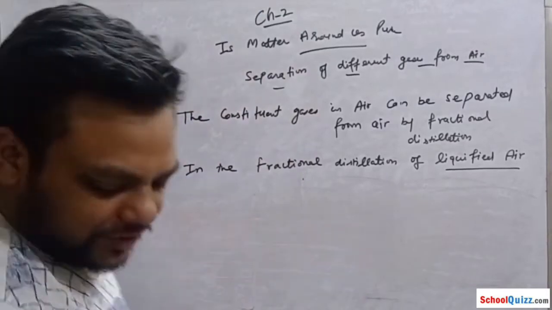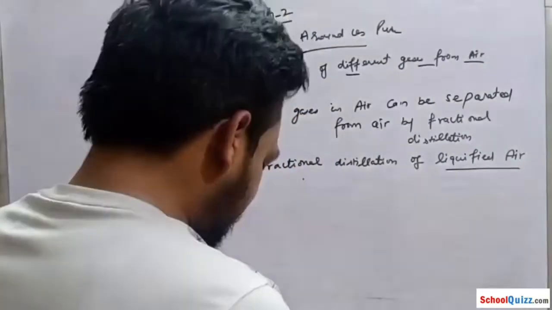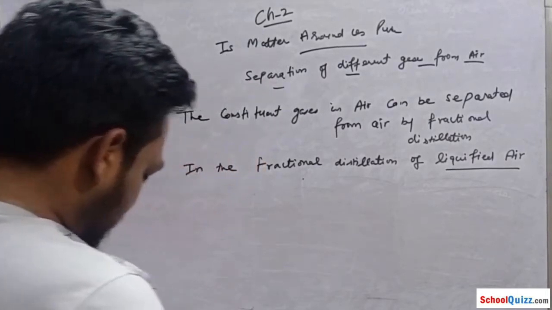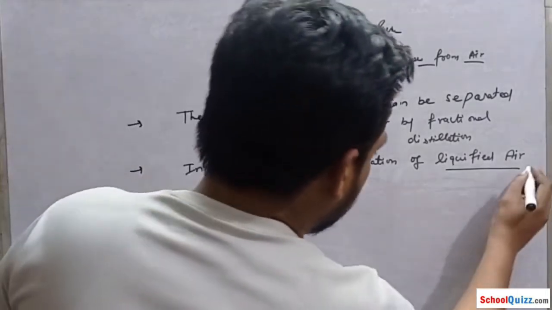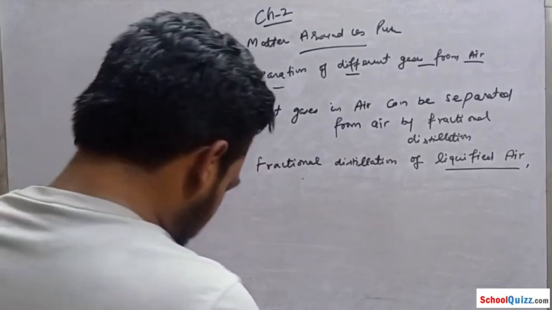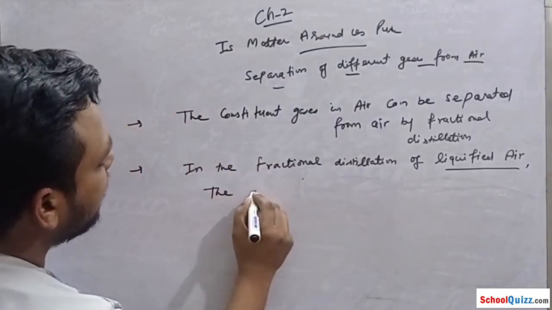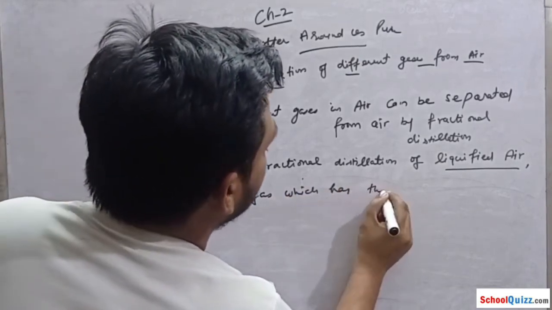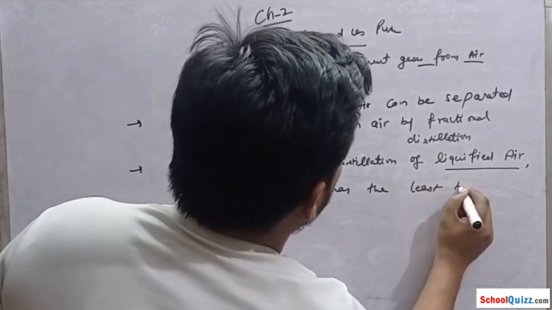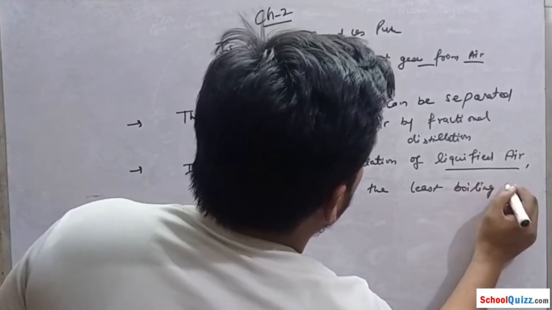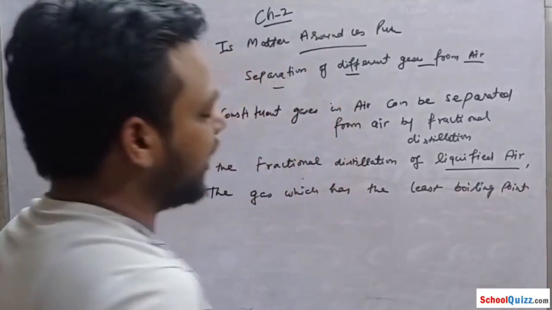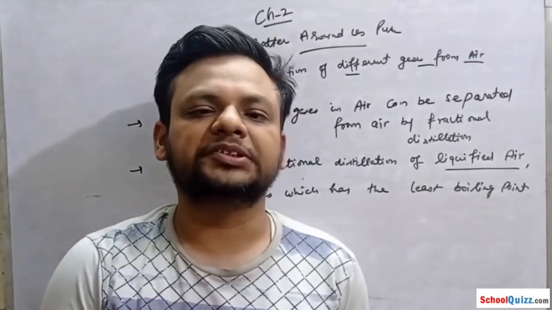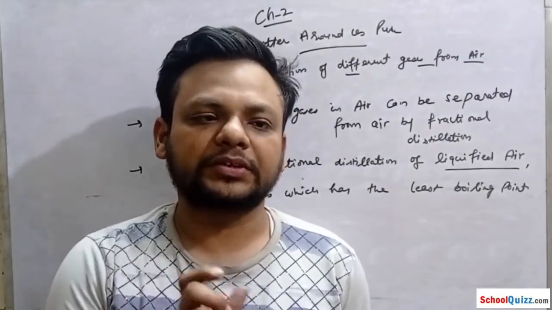That is, in the fractional distillation of liquefied air, the gas which has the least boiling point distills first, as I have already told you that separation will occur on the basis of their difference in boiling point.